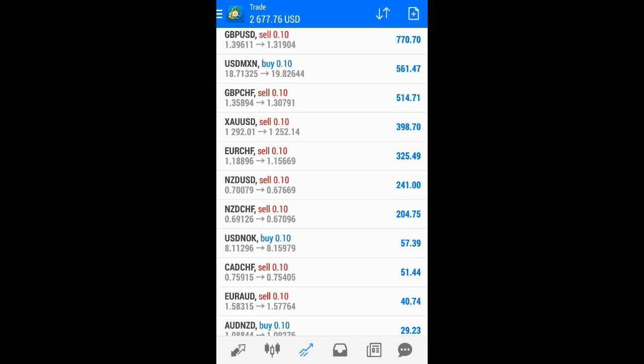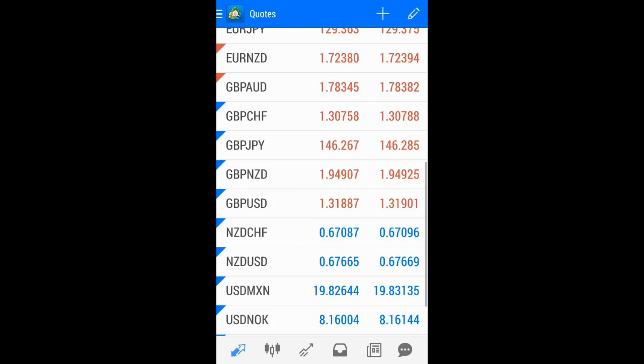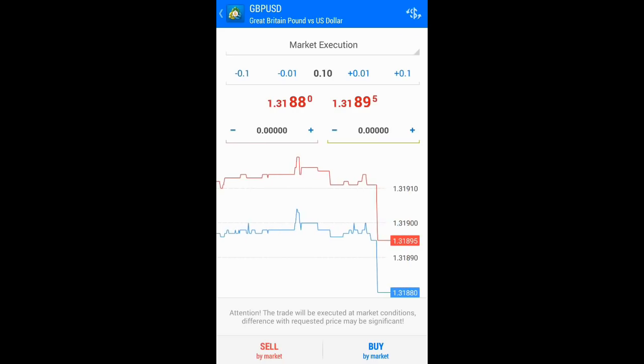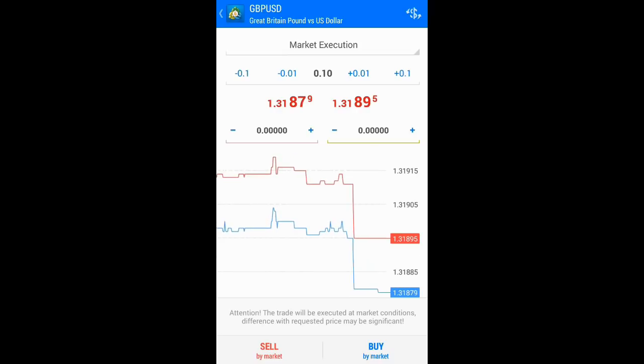0.10 lot size. So if I were to make a purchase, then I would click here and click on new order, and they would ask me right under market execution how much do I want to purchase.